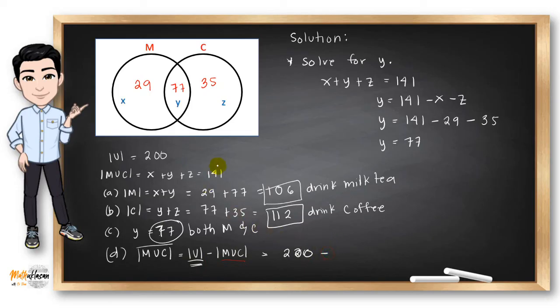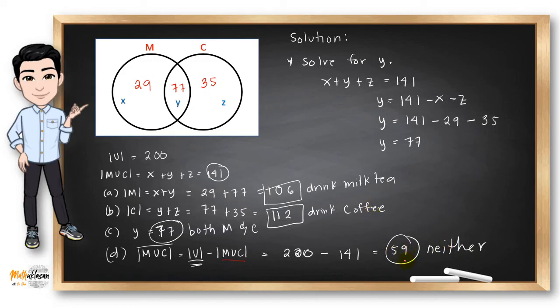And the number of students who drink milk tea or coffee or both is 141. So 200 minus 141. The cardinality of M union C is just 141, or x plus y plus z. Now 200 minus 141 is equal to 59. So there are 59 students who drink neither of the drinks.